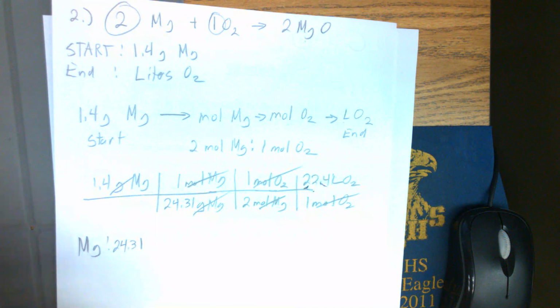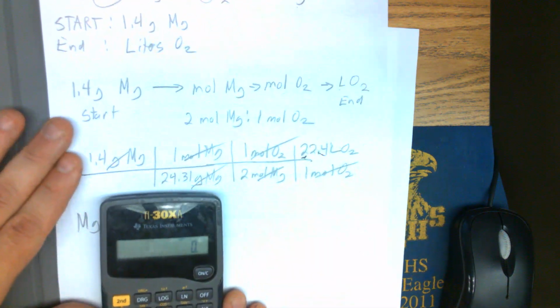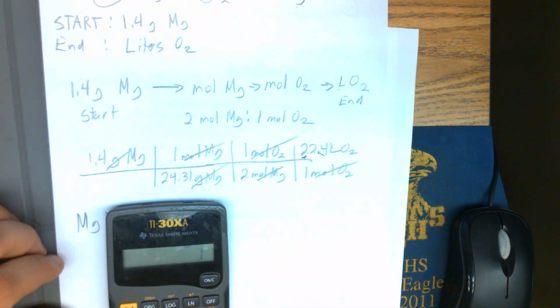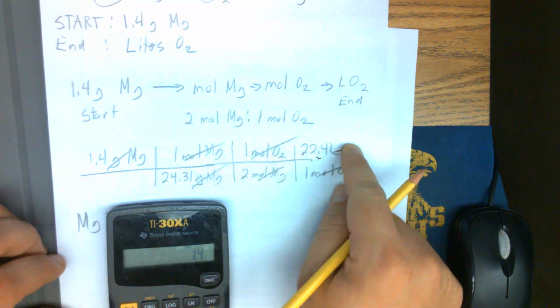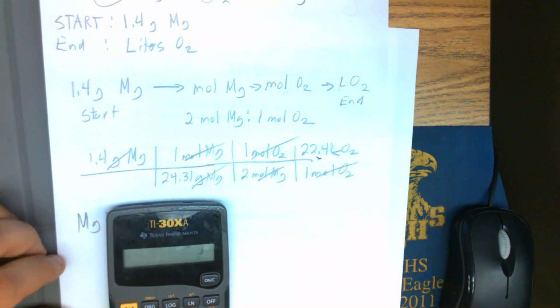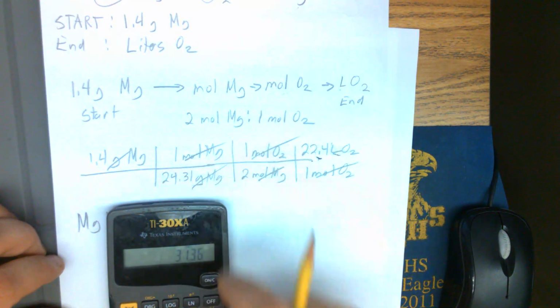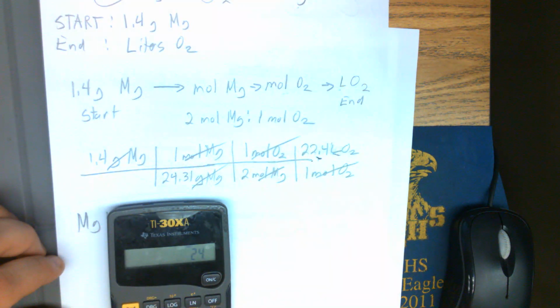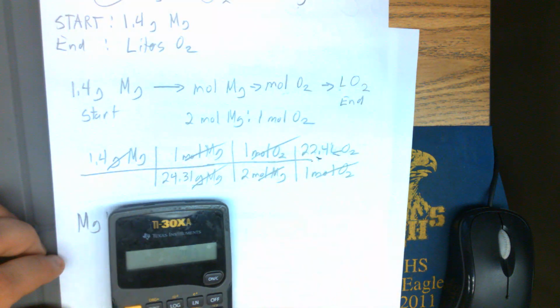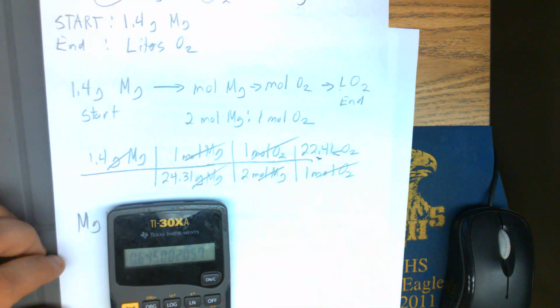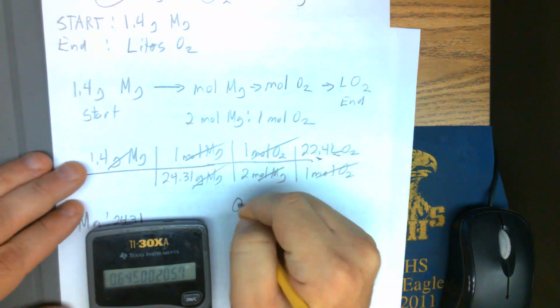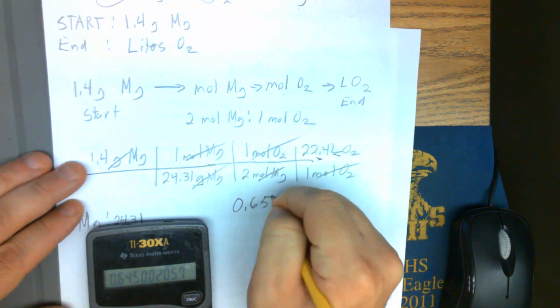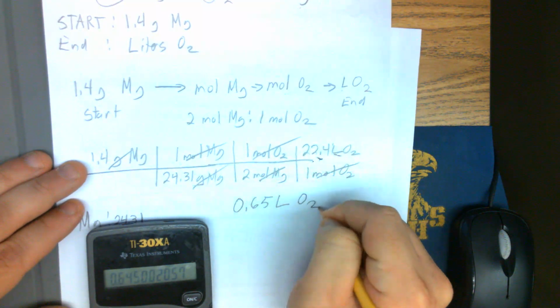For this one, we're going to multiply and divide. So 1.4 times 22.4 divided by 24.31 divided by 2. So we're going to get a total of 0.65 liters of O2. It's going to be our answer.